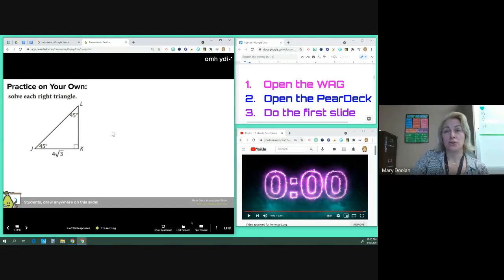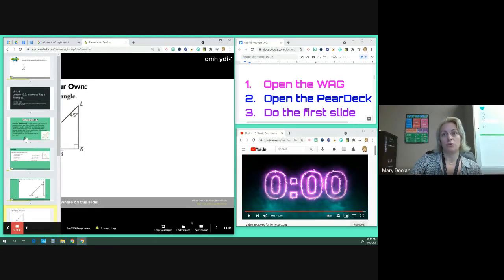So we learned yesterday about recognizing when a right triangle is an isosceles right triangle, which means that the 2 leg lengths are the same length and the 2 acute angle measures are the same measure. When that happens, there is a special relationship between the leg lengths and the hypotenuse.